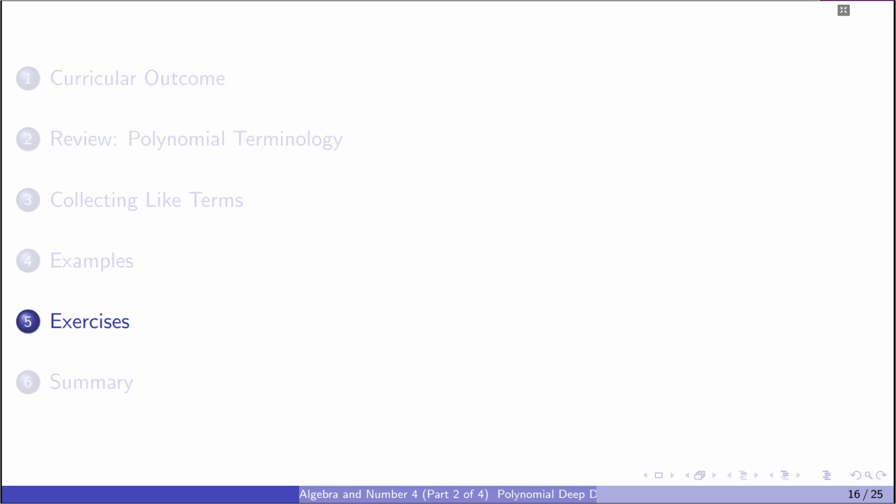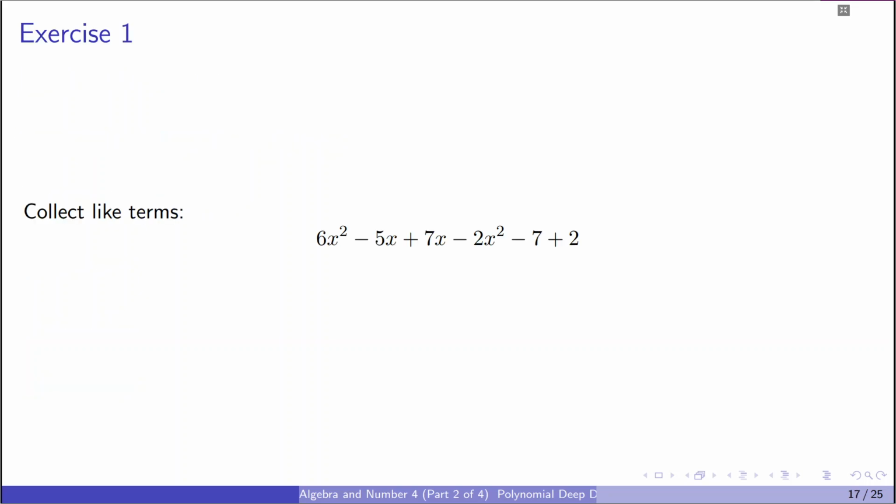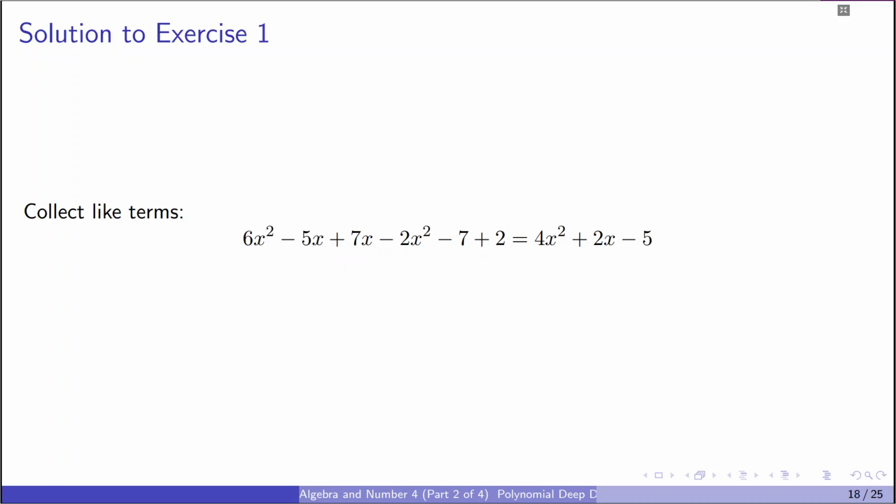Right, exercises. Time to try your own. Collect like terms here. Pause now and take the time you need. Right, this simplifies to 4x squared plus 2x minus 5.